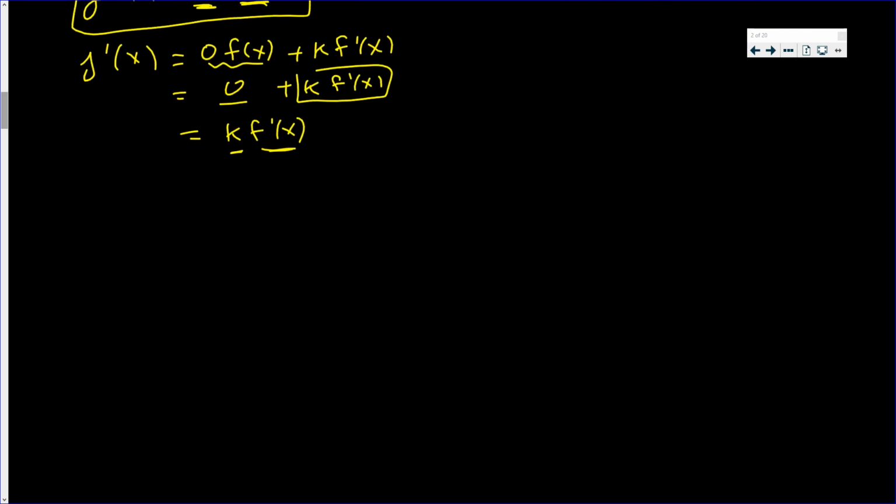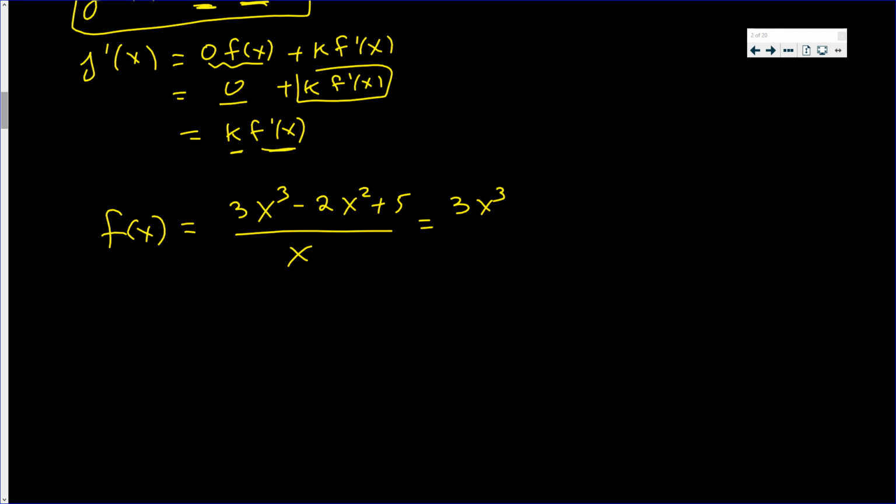Let's look at the next problem. You always want to try to get out of using the product rule like we did in the last problem. And you should also try to get out of using the quotient rule when you can. Now, whether you write the next step or not, this is 3x cubed over x minus 2x squared over x plus 5x over x.